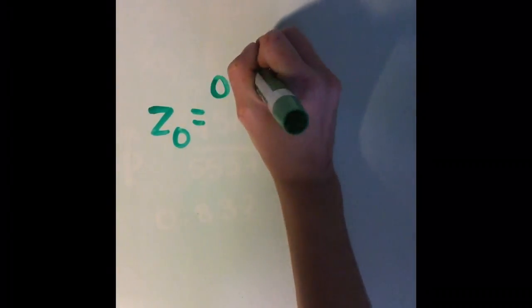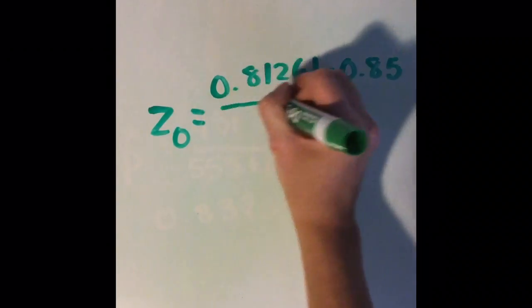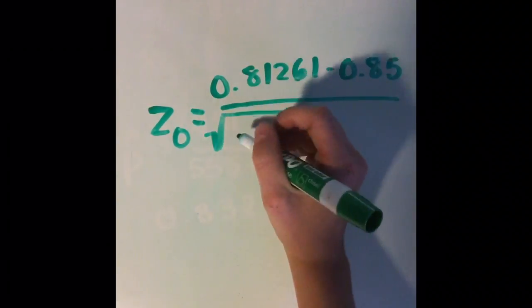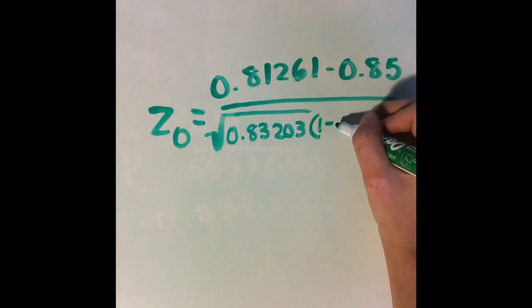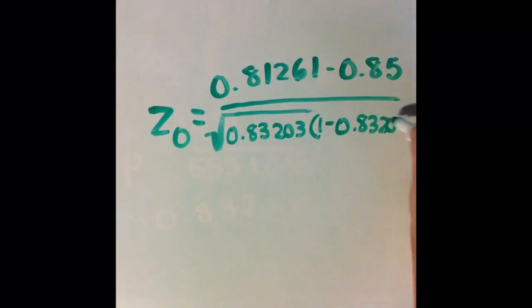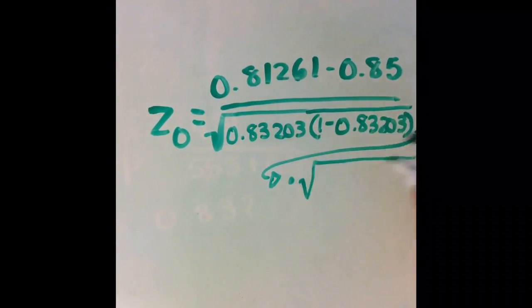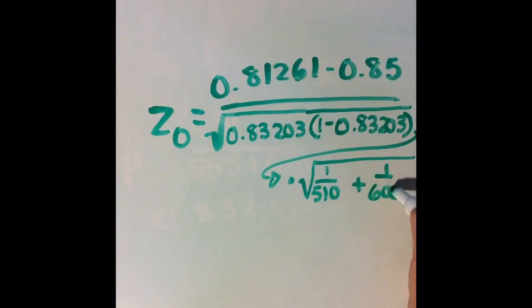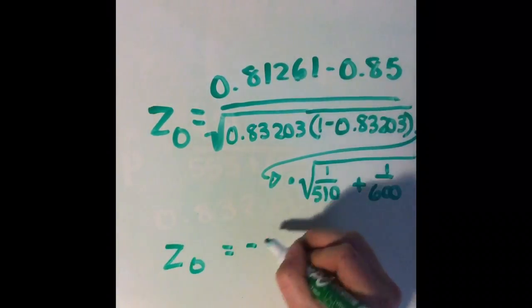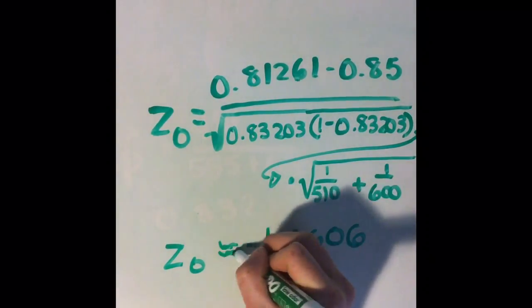We now have each value to plug the numbers into the z-value equation. We find that the z-value equals negative 1.6606, approximately, with some rounding error.